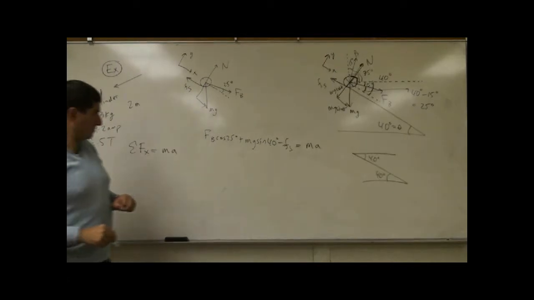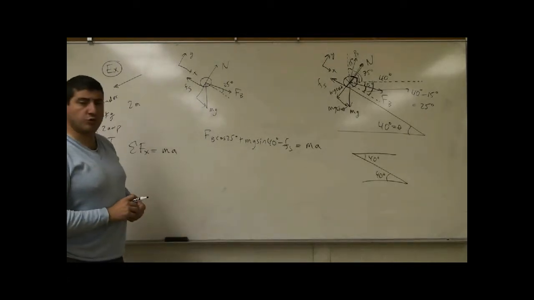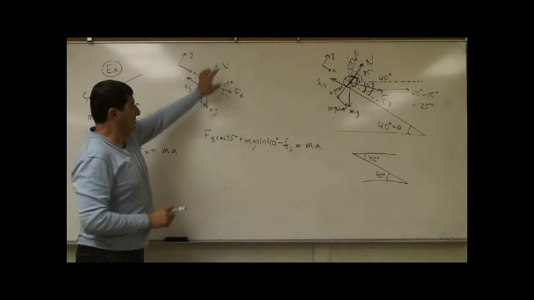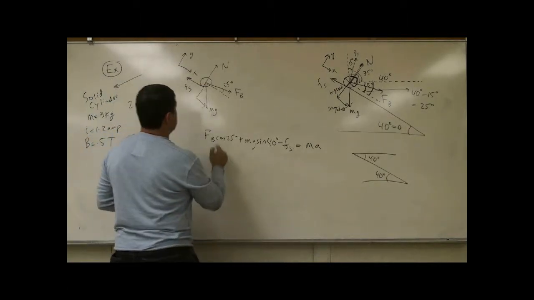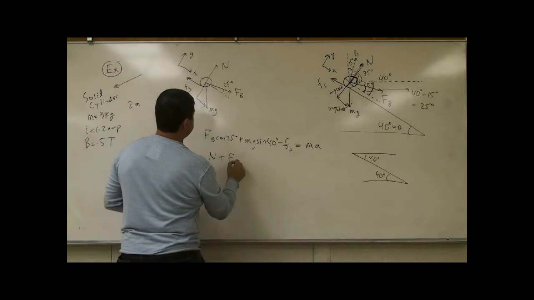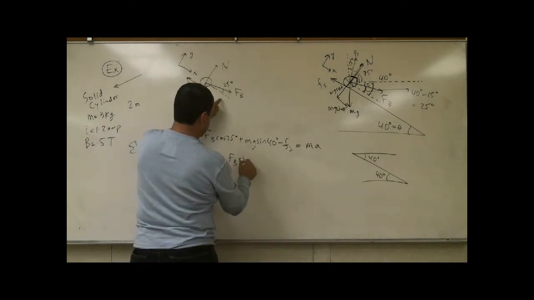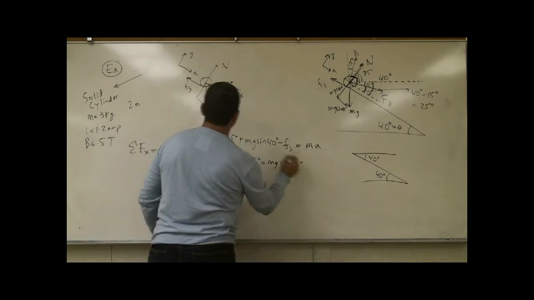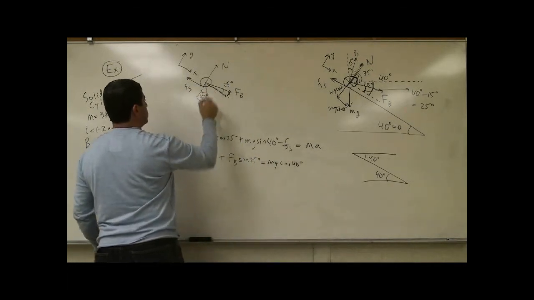Okay? So now we are going to do the vertical forces. N plus Fb sine of 25 equals mg cos of 40, because this is 40 degrees.